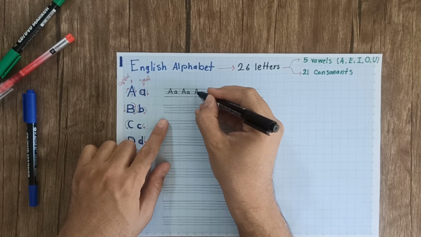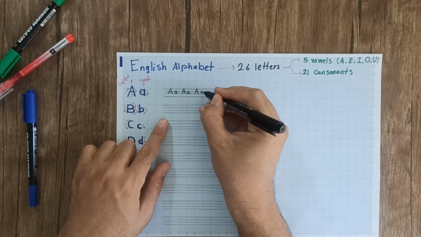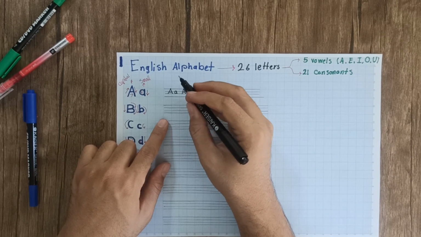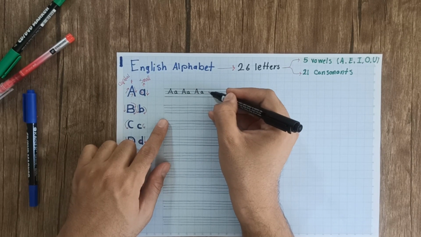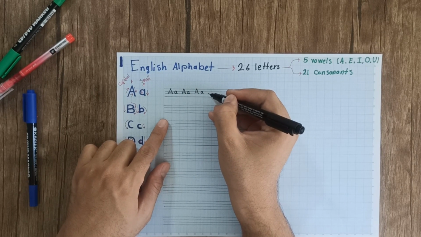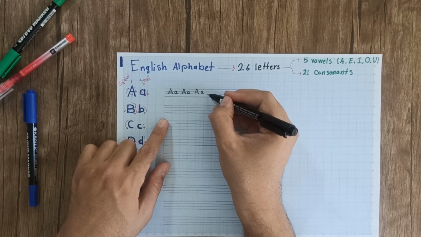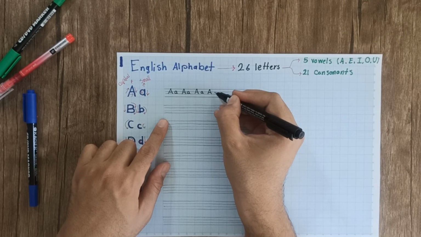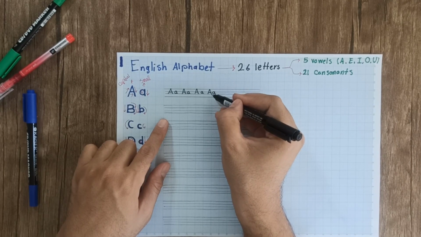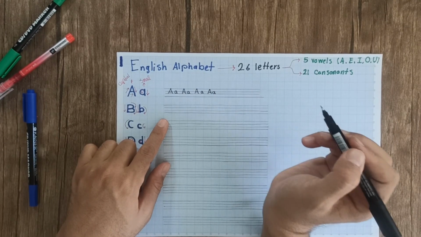A, this way, and a. This straight line should be a little lower than this middle line. It would be better because you have to see the difference. It should be like this, and like this. So that's for A.